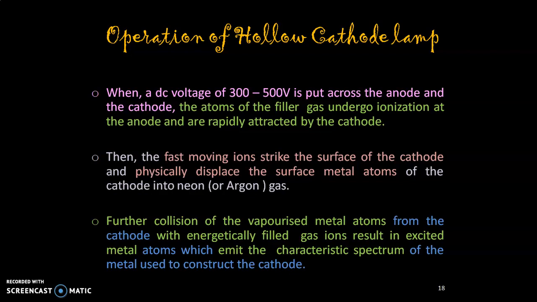Further, collision of vaporized metal atoms from the cathode with energetically filled gas ions results in excited metal atoms which emit the characteristic spectrum of the metal used to construct the cathode.